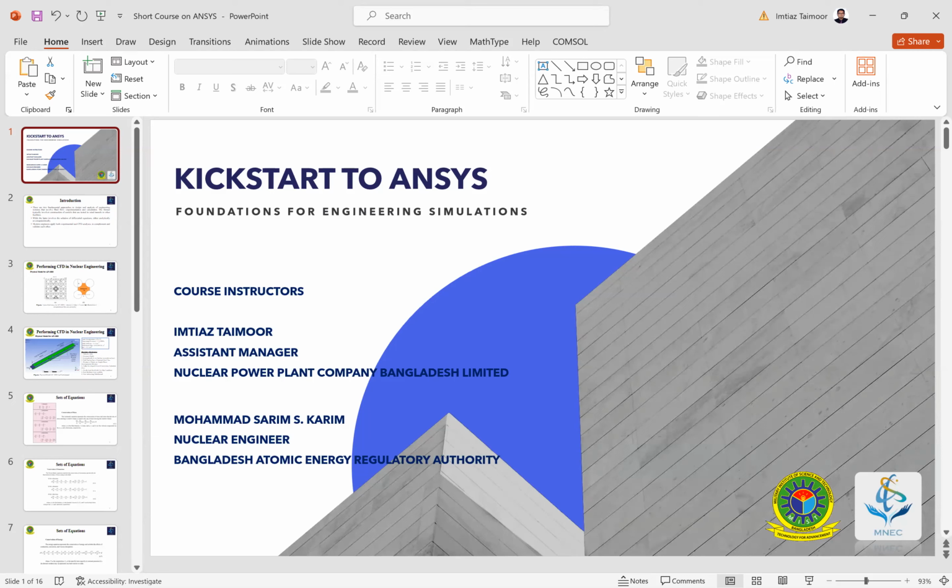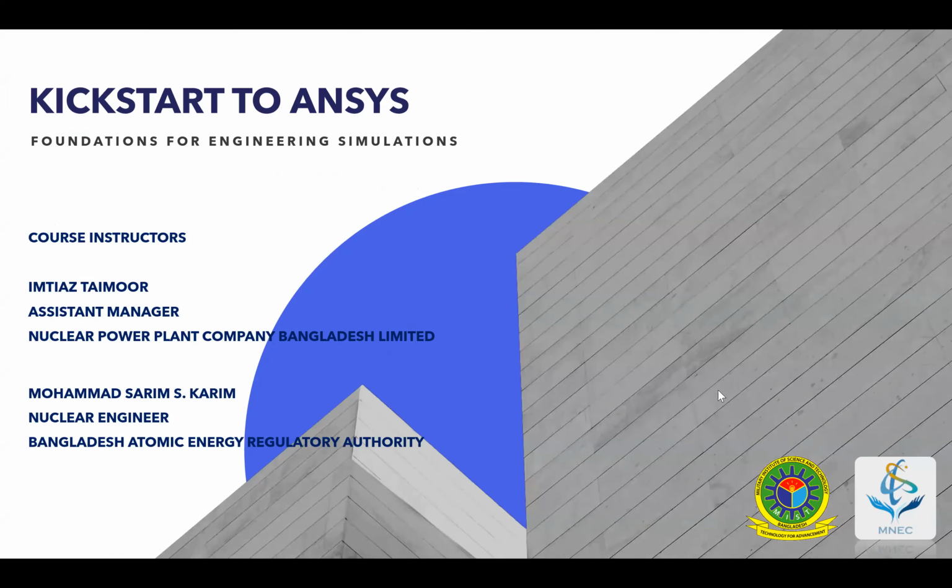Sir, how can I download this ANSYS software? Okay, I will actually share another link today in the WhatsApp. You can download it from there. Sir, it will be easier for me if you provide any video link actually, because of the torrent.